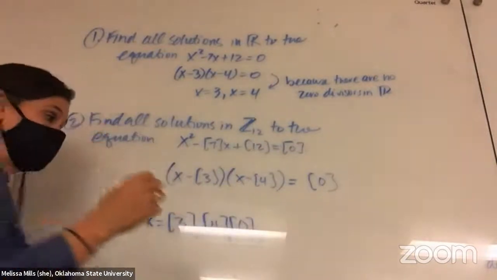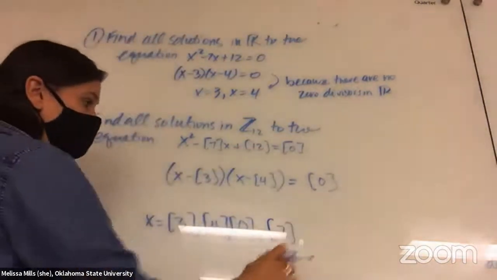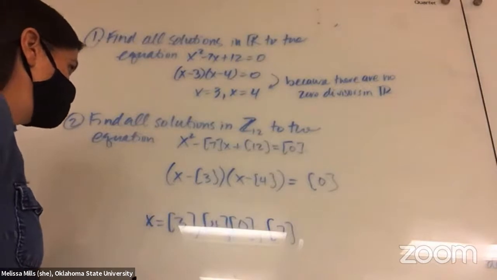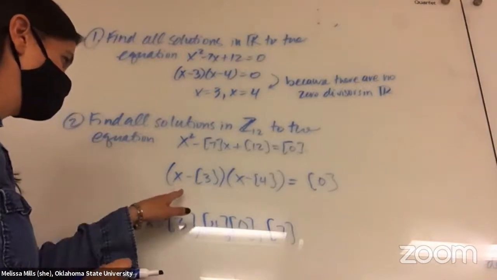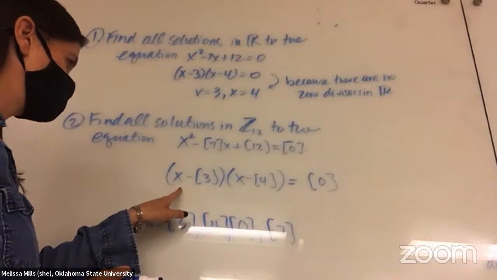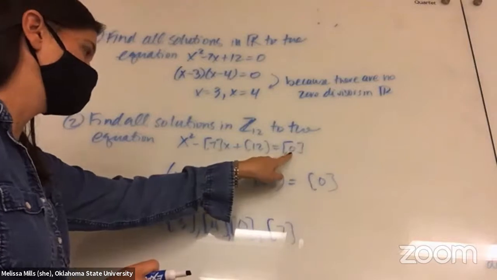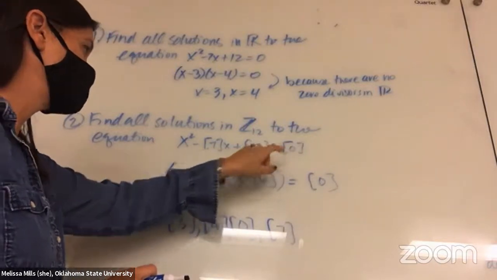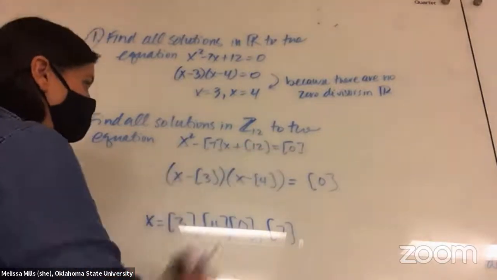Yeah, William? Since we're in mod 12, that converts 12 to 0, and you get to factor out an x. You wrote it with congruence classes; the 12 is a 0. Yes, right, true.